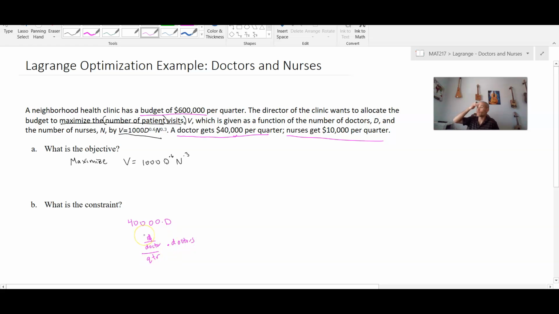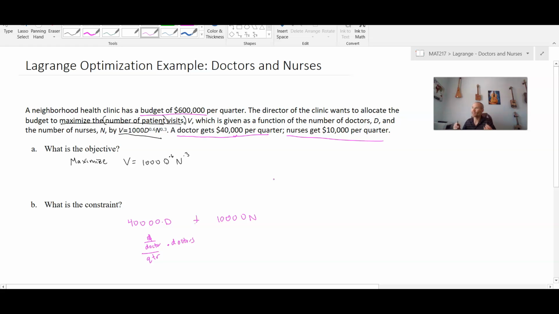So our units would end up being in dollars per quarter, because that's what time frame we're looking at. And we want to limit that to $600,000. Similarly, for the nurses, we'll have plus how much it costs us to hire N nurses. And we want that to be less than or equal to 600,000.